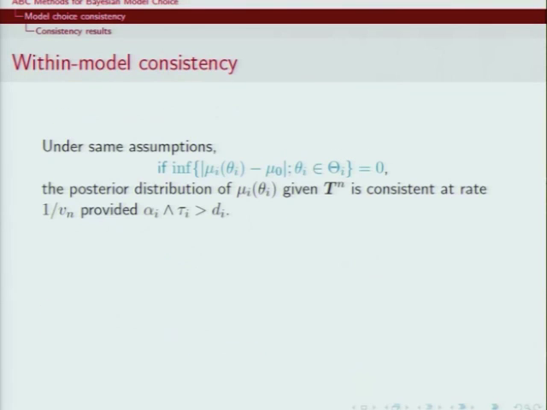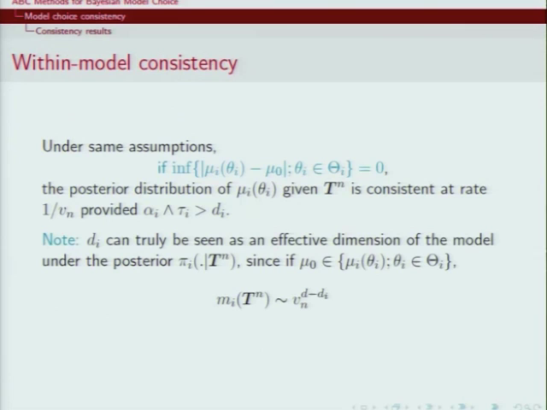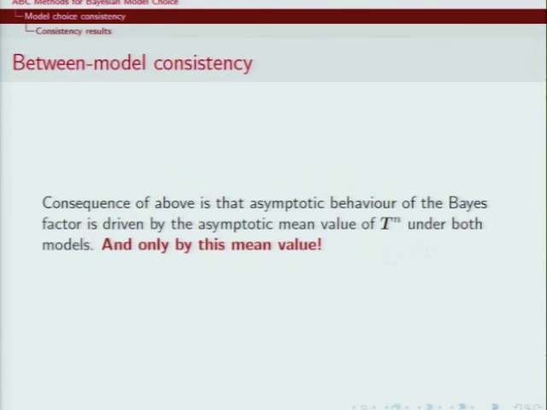And therefore, in terms of consistency, within each model, there is consistency in that the marginal picks the wrong model at this bit. Between models, the result is fairly simple, namely that all that matters is the mean of Tn, not its limiting distribution, not other moments, but only its mean value.